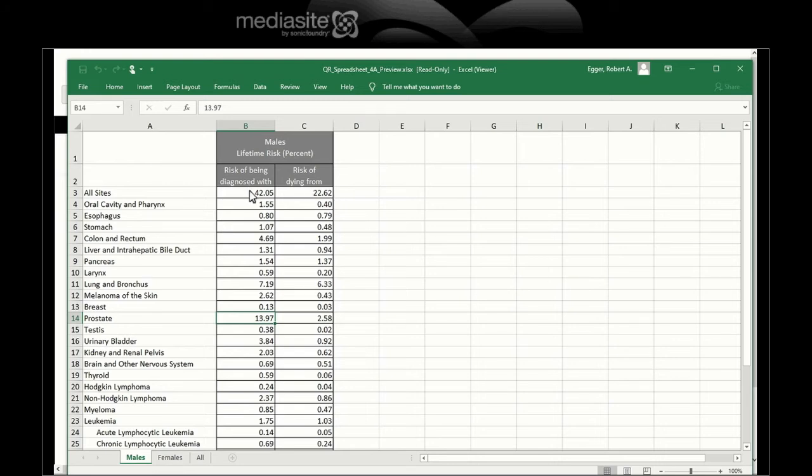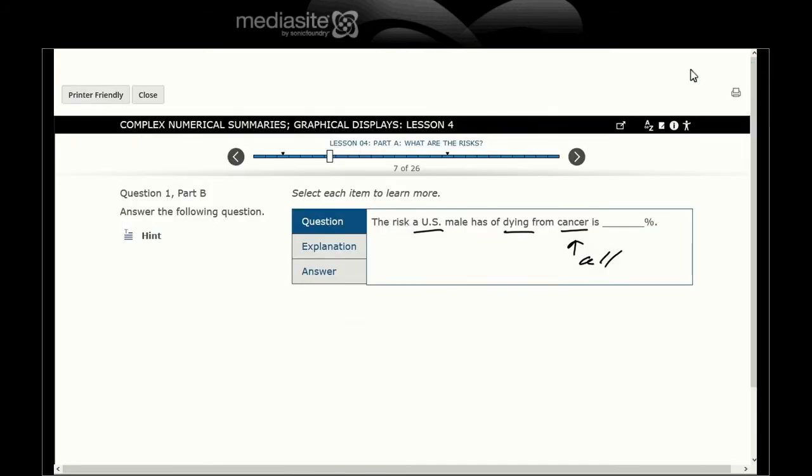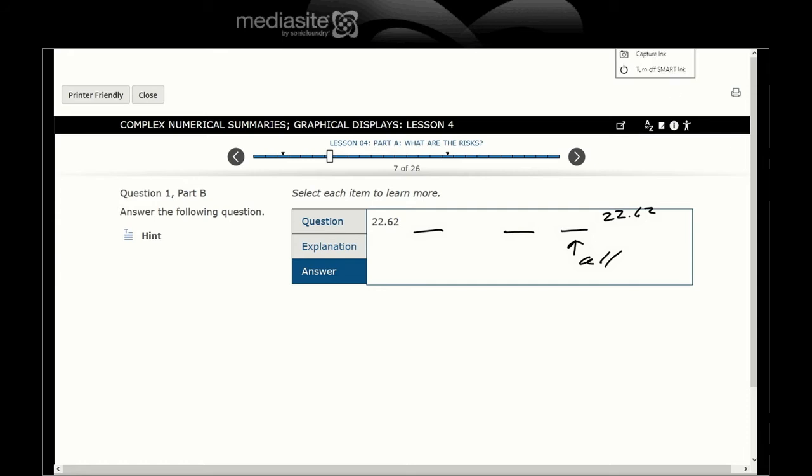Once diagnosed, you've got to be diagnosed first. The risk of dying from cancer is 22.62%. Yep, 22.62%.